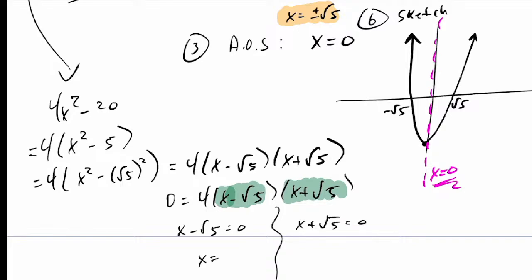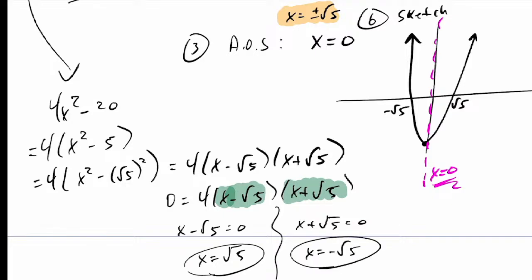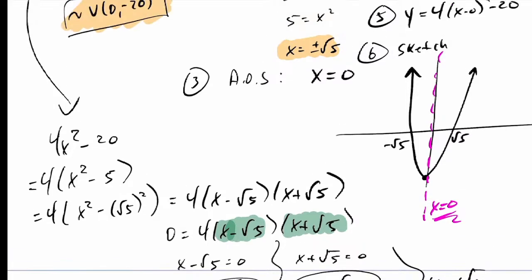So either x is root 5 or x is negative root of 5, i.e. plus or minus root 5. Okay, so there's 7.